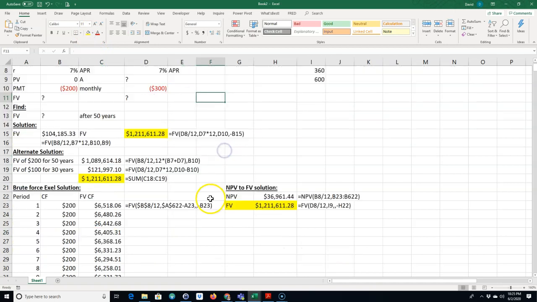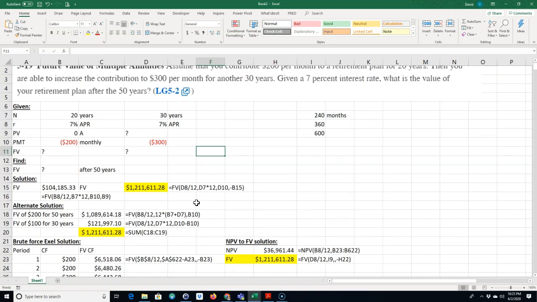So hopefully that helped. Hopefully that wasn't too much. You know, I showed you probably more ways than you want to know how to solve this problem. But if you didn't understand something, and I know I didn't explain some of the things as good as I would have liked, just kind of rewind and look at it again, or look at the equation, see if you can understand what I did.